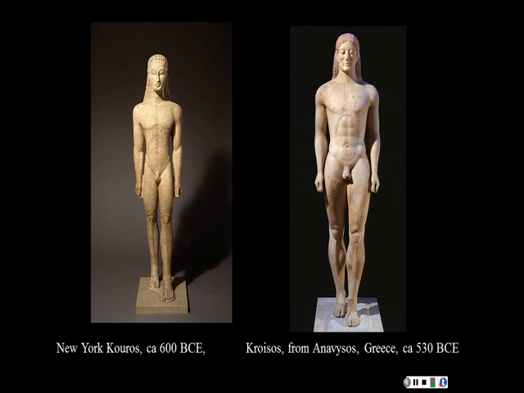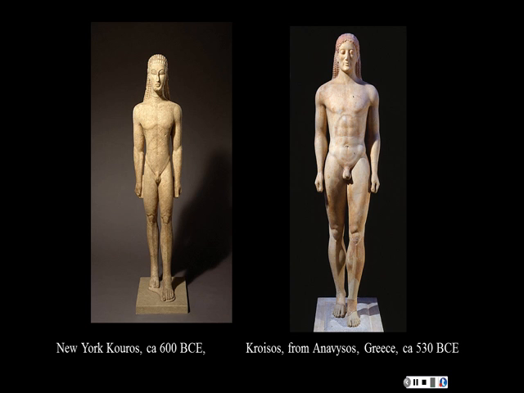Yet another generation later, 10 years later, we have the Anavyssos Kouros from, I'm sorry, this is always confusing, Kroisos, which is a Kouros figure found in Anavyssos, Greece, dating to 530 BCE.